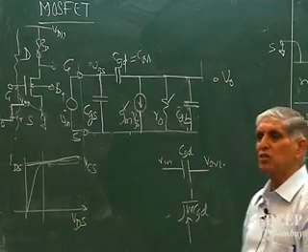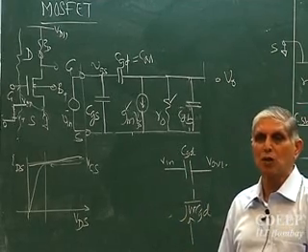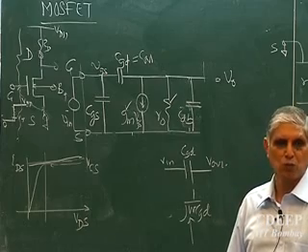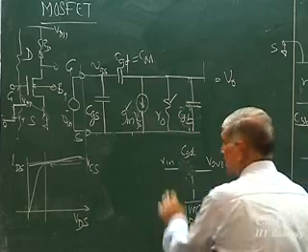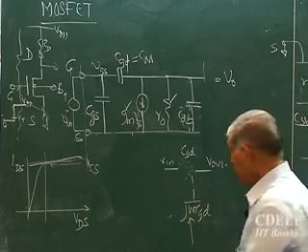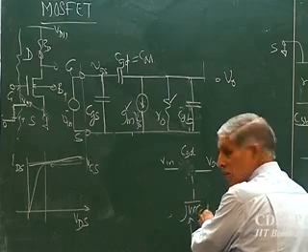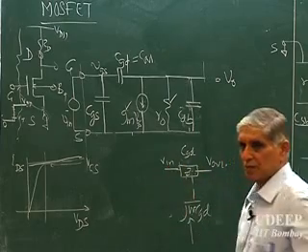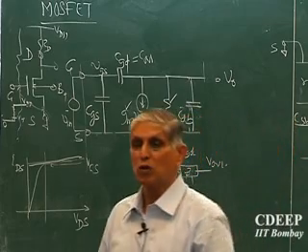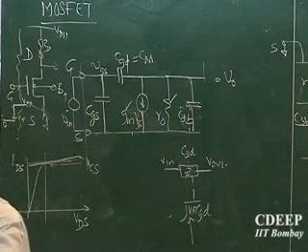So at low frequencies, 1 upon j omega CGD is very, very high. So it is like an open circuit. Is that correct? But at higher frequencies, this may give you some equivalent Z. And therefore input is now connected to the output through this.